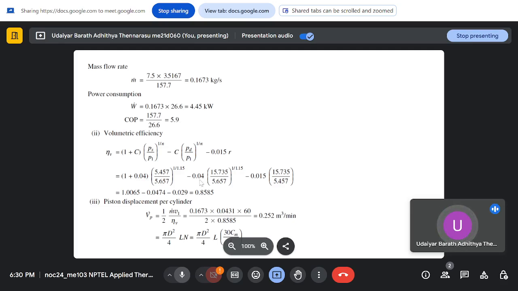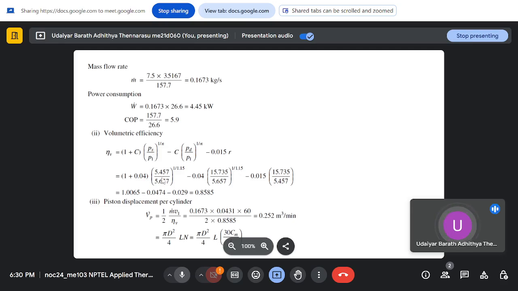Now to find the volumetric efficiency. Volumetric efficiency is given by 1 plus C minus C into PS by P1 raised to the power 1 by n, minus C into PD by P1 raised to the power 1 by n, minus 0.015 into R, where R is your pressure ratio.